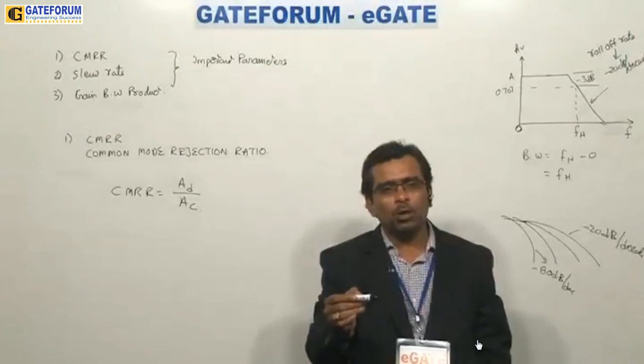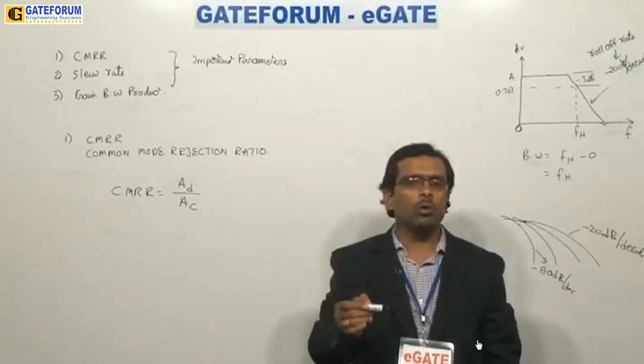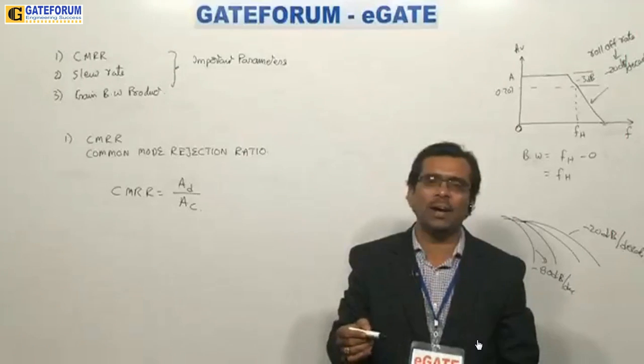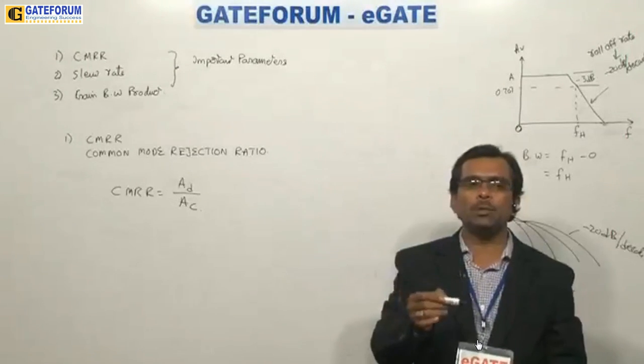If you give two equal inputs to the op-amp, and it is working as an excellent difference amplifier, then the difference of these two should become 0.